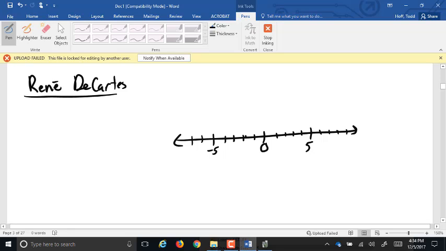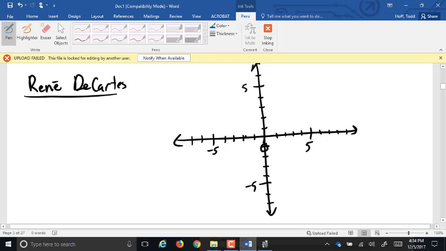And then we're going to add a second number line to it. Only the second number line is going to go vertically. It's going to go through the 0 of the first number line. Positive numbers are going to go up, and negative numbers are going to go down.